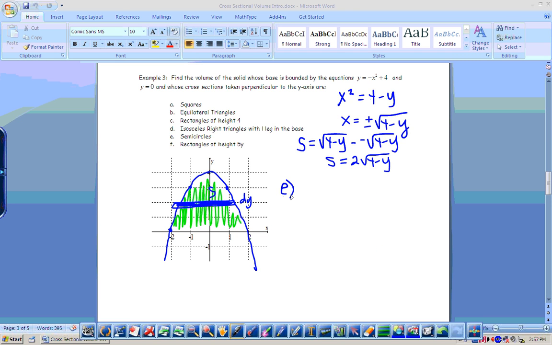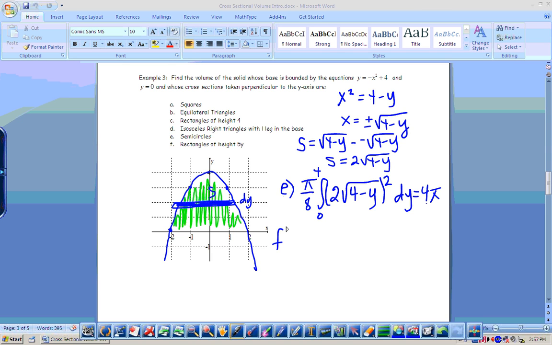For your semicircles, the area of a semicircle is pi over 8 s squared. So we have pi over 8 integral of s squared from 0 to 4. And that ends up being 4 pi.